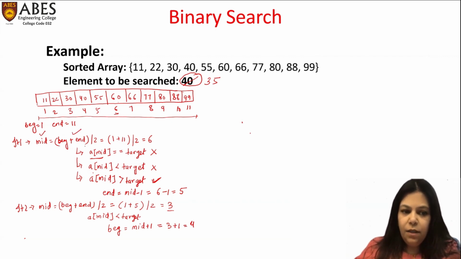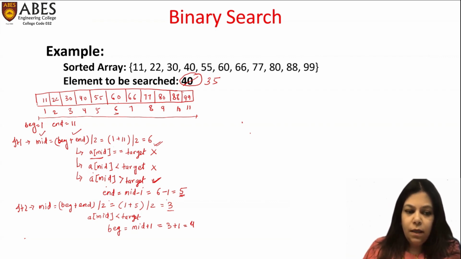For the first iteration, the mid will be calculated in a similar way. That means it will be 1 plus 11 by 2. It will come out to be 6. And the middle value will be greater than the target. So end will be shifted to 5. Till this point, the search proceeds in a similar way.